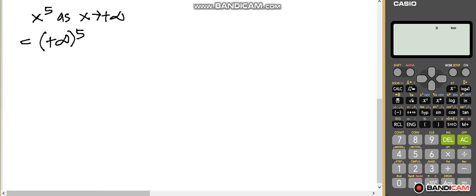Since positive infinity is a very large number and you are raising it to 5, or you are going to multiply positive infinity by itself 5 times, di mas lalaki yung value ng positive infinity. Tama ba? And you can no longer determine the numerical value kung ano na yung positive infinity raised to 5. Since positive infinity or negative infinity are not real numbers but they do define numbers which are large or small in nature, then we can say that positive infinity raised to 5 is still equal to positive infinity.